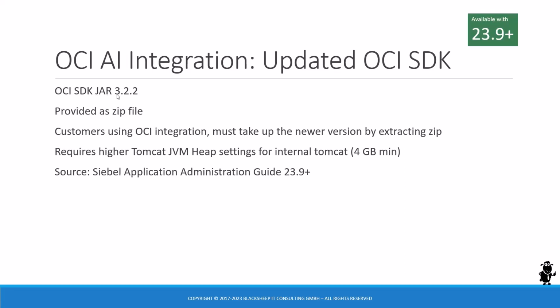But with 23.9, a new SDK is shipped with Siebel because the integration is driven by Java out of the box. If you do it on your own, you can use the SDK, write your own Java business service, or use REST, for example. I have demonstrated this on YouTube. There are a few videos out there. So you can enhance Siebel with the AI services that are available on OCI.